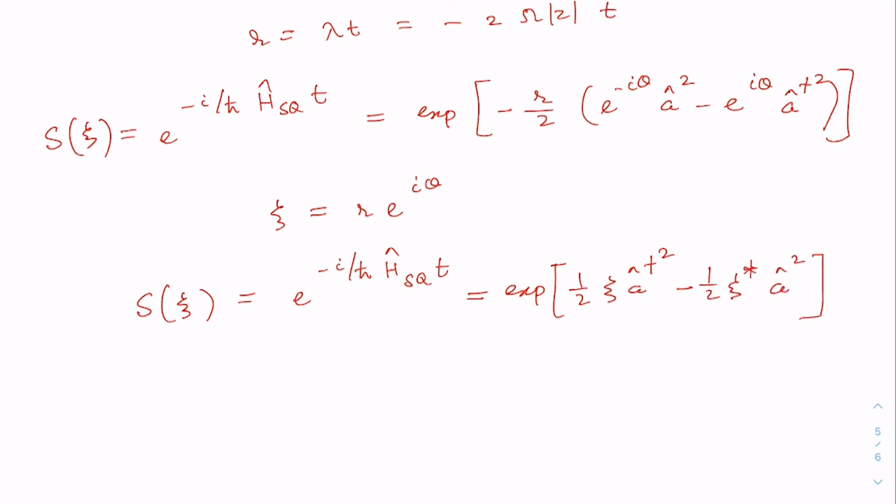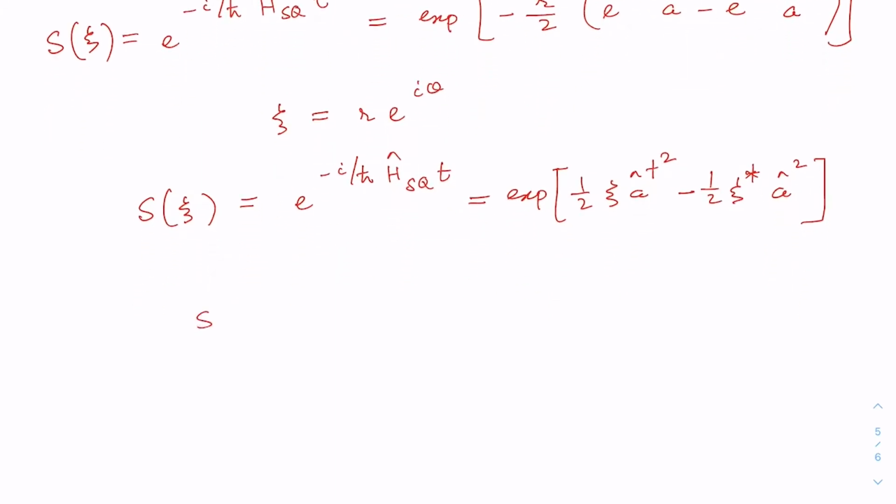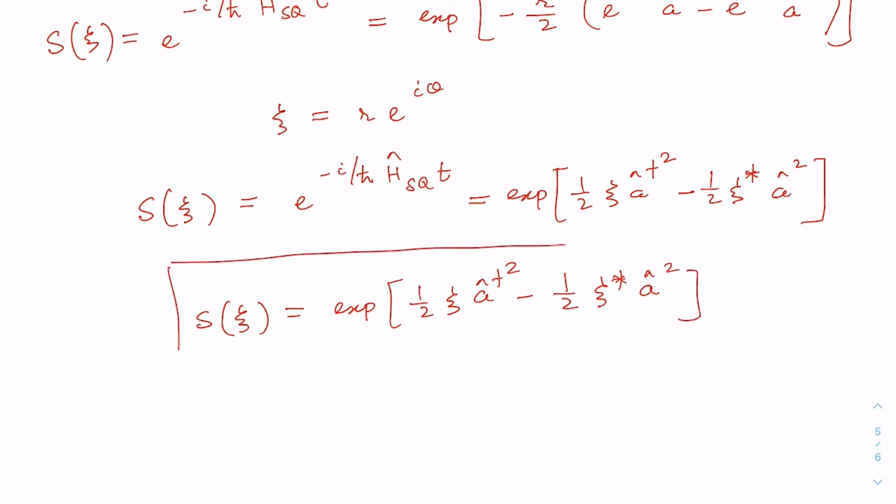Okay, this is what we have. Or finally, let me just write down the squeezing operator separately like this: exponential half xi a dagger square minus half xi star a square. So this is a very important result, and it is an important operator.